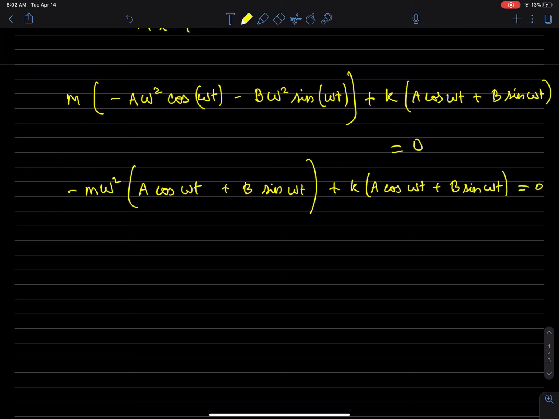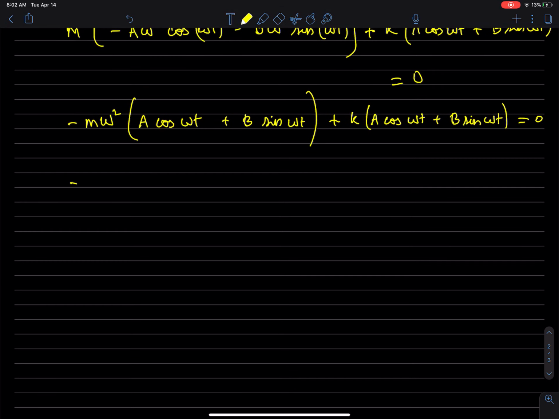The whole thing is equal to 0. Now we can take this outside. So we have minus m omega square plus k, times A cosine omega t plus B sine omega t, equal to 0.